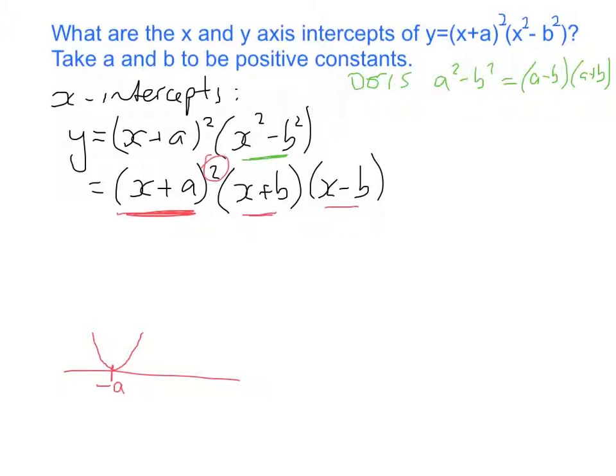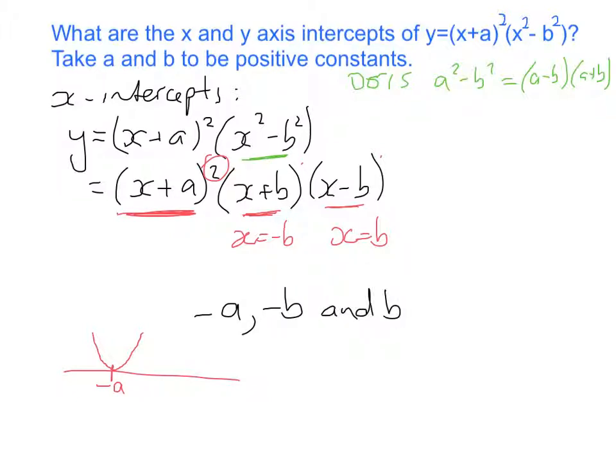The square gives a touch, we haven't got squares there, so we're going to have intersections. Again with these, we set each of those brackets equal to 0, so for the second one, x will equal negative b, and for the third one, x will equal positive b. So our x-intercepts, where it's touching or crossing over, are at negative a, which is a touch, negative b, and positive b.